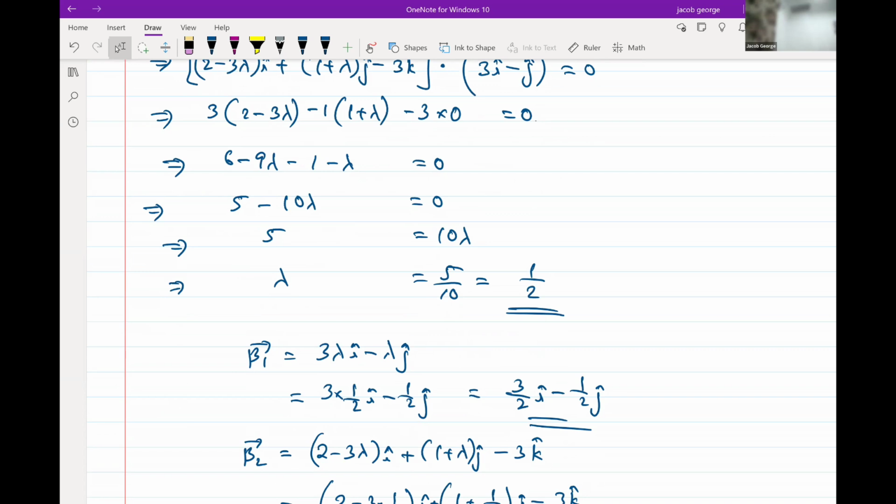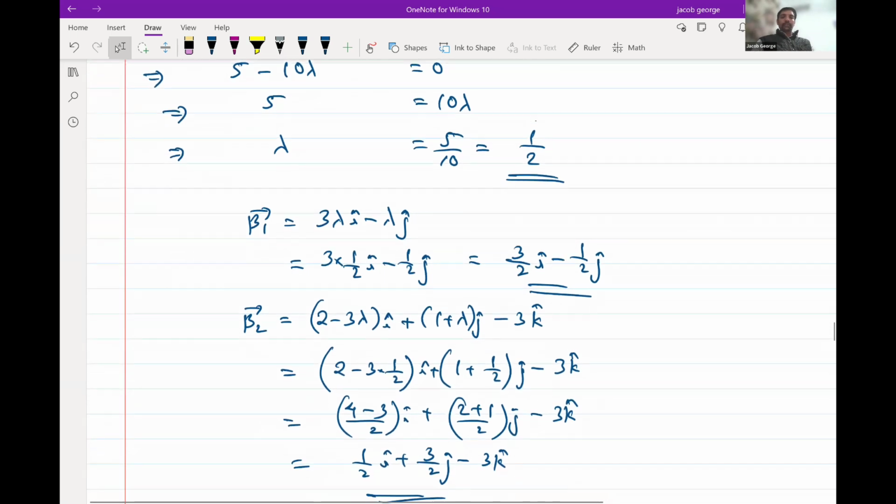Then substitute in place of lambda. It is 3 by 2 I cap minus 1 by 2 j cap. We got beta 1 vector. Then beta 2 vector, that also we substitute in lambda.